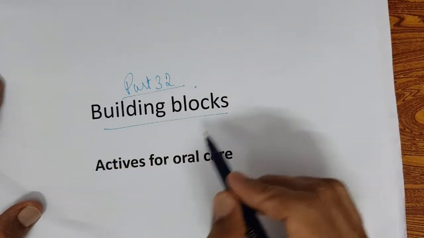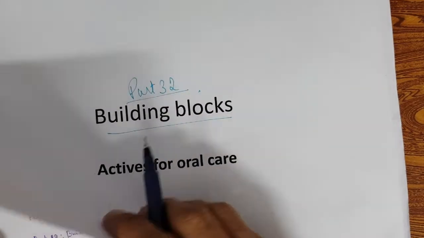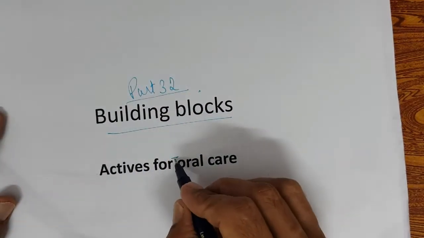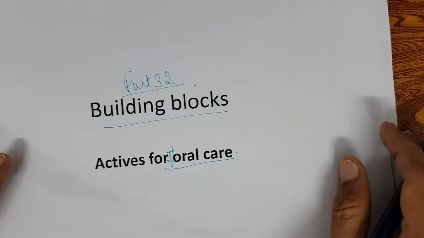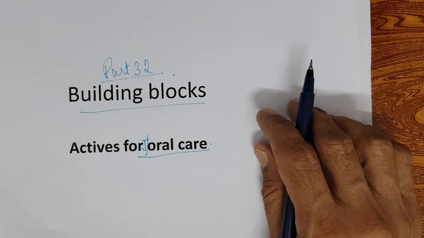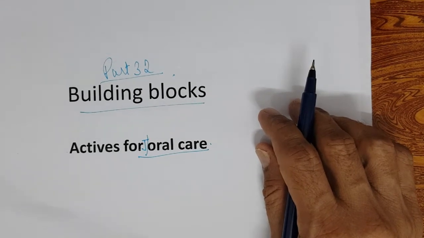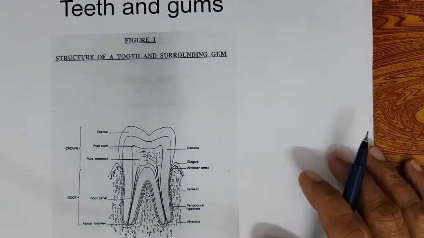Building blocks, actives for oral care. Oral care is section J. I am going very rapidly through what we discussed in part 10, right?